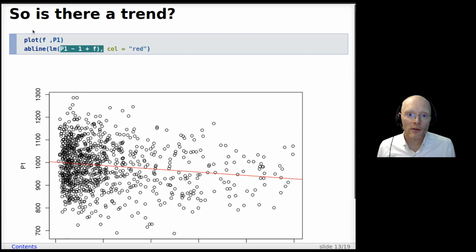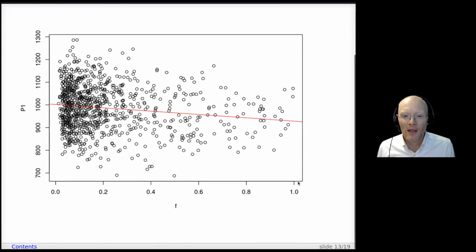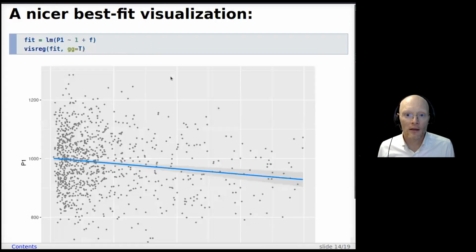And then it's going to plot the result. And so in this case, we have an intercept of a little bit more than 1,000. And we have a downward slope of some amount. We're not showing what the amount is, but here's a better way to visualize the same thing. Instead of just drawing that line, let's actually use a fancier visualization.